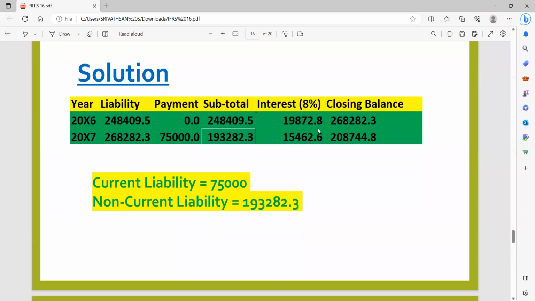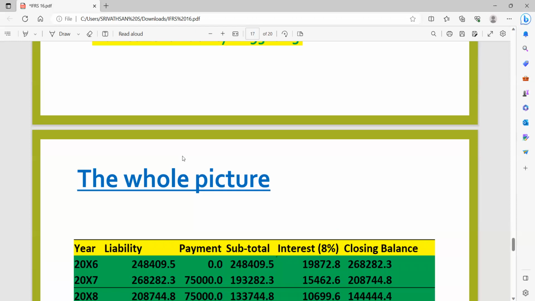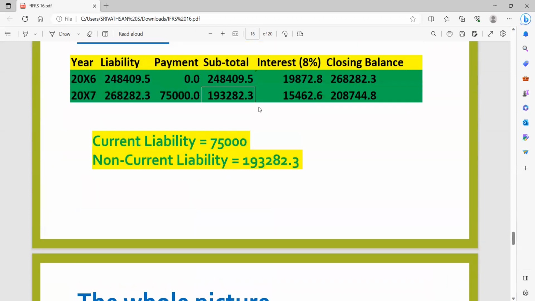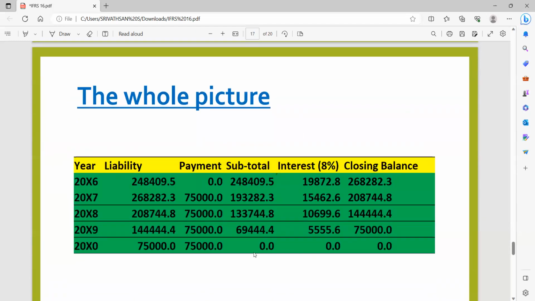To summarize, this interest will be shown in the statement of P&L for the second year, on the debit side, as interest expense. In the current liability section, you will show the 75,000, and in the non-current liability section, you will show 193,282.3.